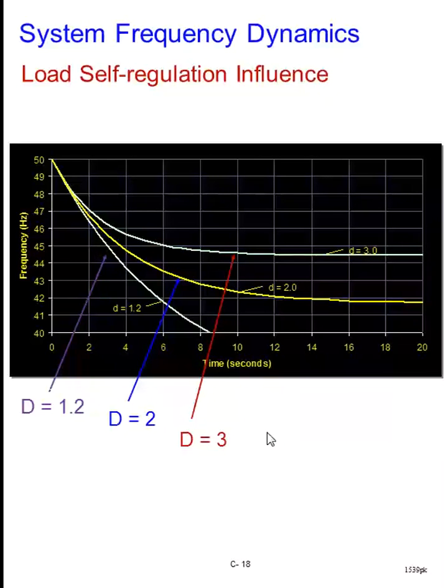But if I say 70% or near about 80% of the load is dynamic load, then self-regulation can take place here, and thus it will not be a serious issue in the frequency regulation through the governor action, because in that case the decay of the frequency will not be that sharp here.